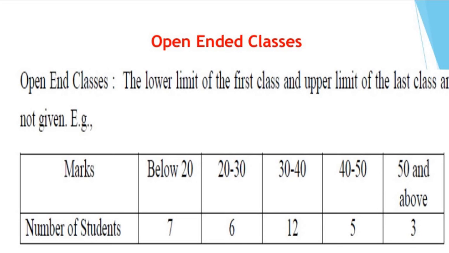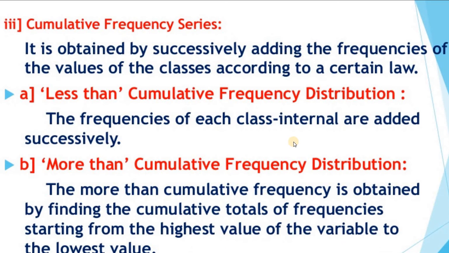Okay, next one, cumulative frequency series. It is obtained by successively adding the frequency of the values of the class according to a certain law. Then cumulative frequency, two types are there: less than cumulative frequency distribution and more than cumulative frequency distribution.